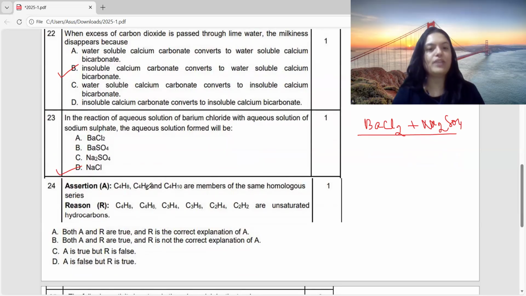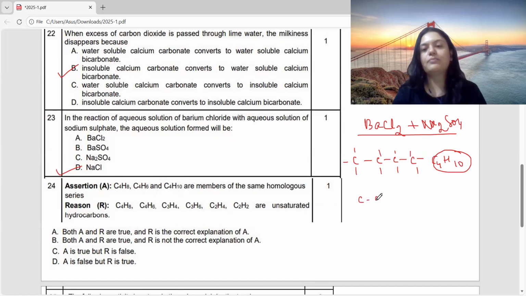Now C4H8, C4H6, C4H10 are members of the same homologous series. Now if we take C4H10, there is hydrogen, hydrogen, hydrogen, hydrogen. So C4H10 definitely is an alkane. As you can see here, all are single bond, saturated.